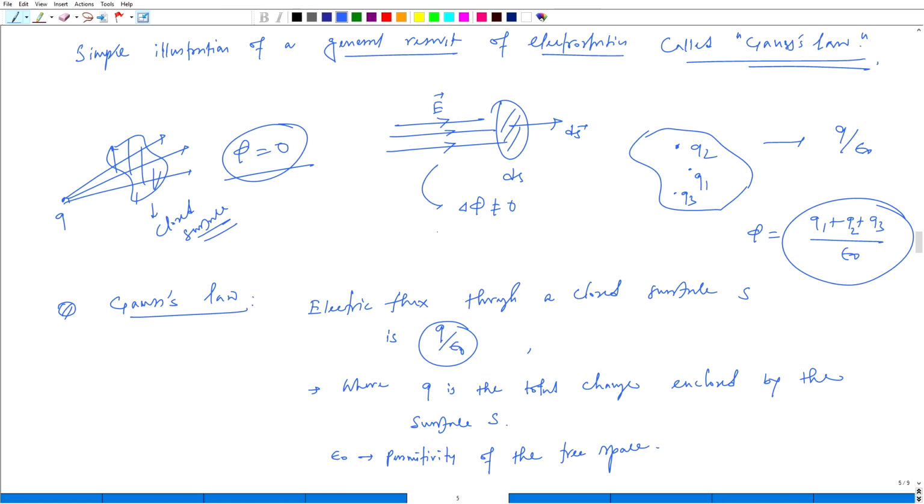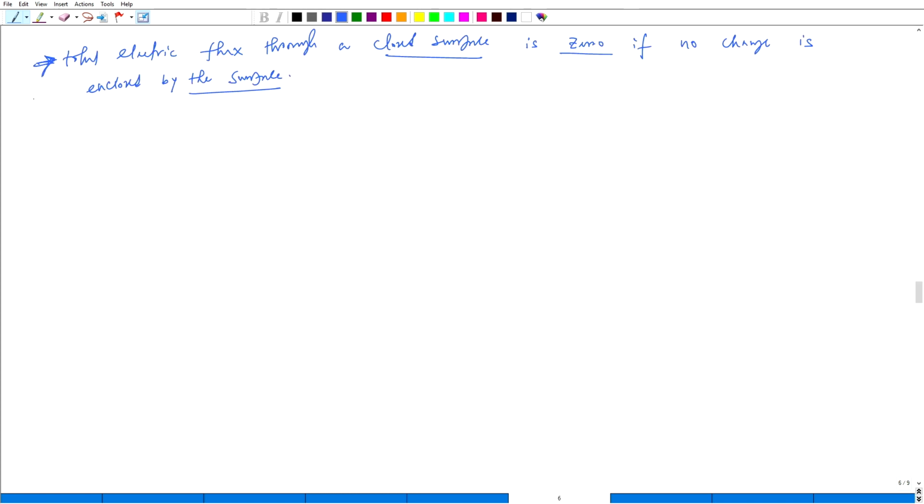But if we consider a closed surface that does not enclose any charge, then the flux through this closed surface is always 0. So this is an open surface. Okay, so that's all about Gauss law, and now we do some examples and discuss the applications of the Gauss law.